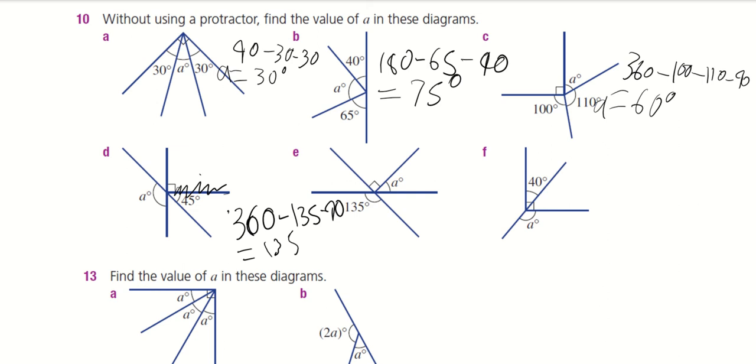Forget about this perpendicular line, and then what you get, if I'm not mistaken, is that's vertically opposite to that, and that's vertically opposite to that. So then those two would add up. So you'd say, well, that's 90 and 45 together. So then A must be 90 and 45 together.